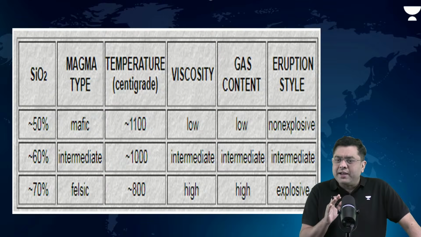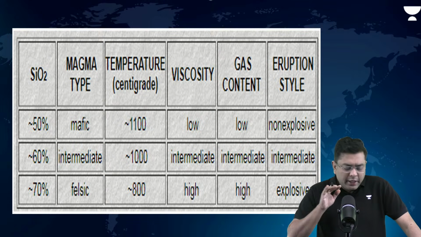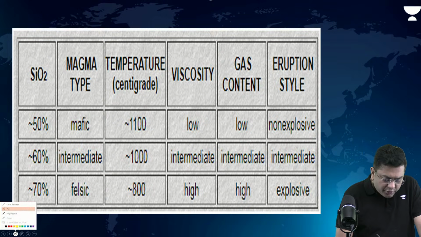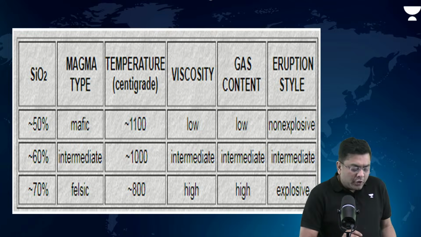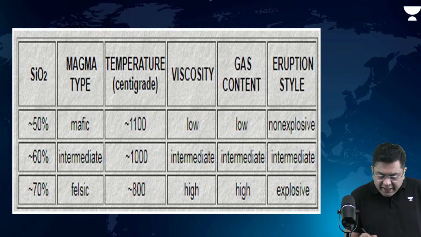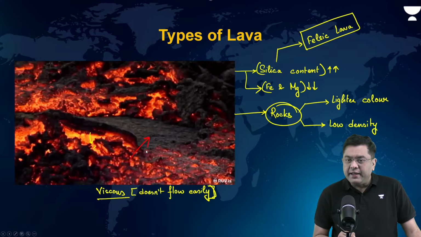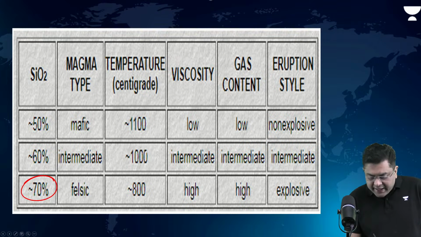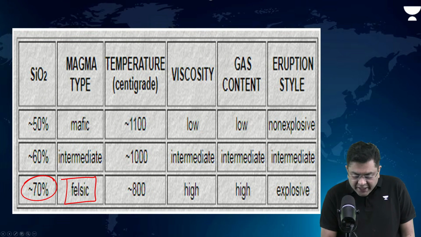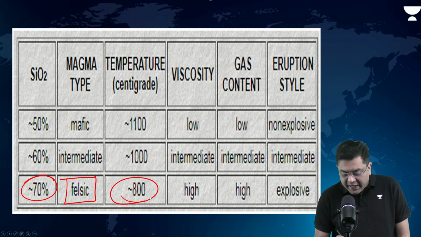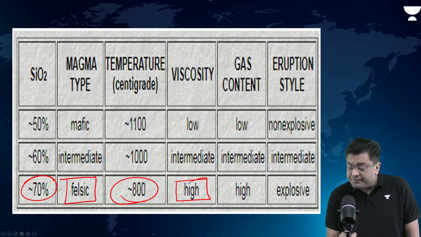I will give you a quick recap with the help of this table. Use this table to revise. Okay. So silica content, if the silica content is high, it is felsic. Temperature you observe is comparatively less, very viscous.